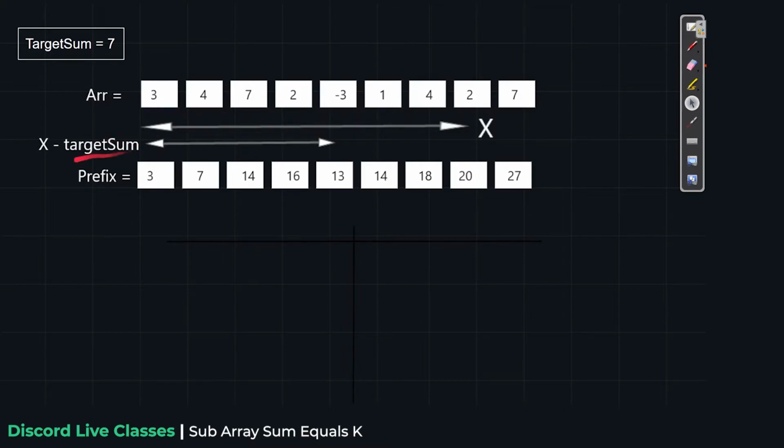That value is nothing but a sum. If you encounter that sum, that is the summation from this index to this index, which means x minus target sum. So definitely this is our target sum and this is our target sum subarray.